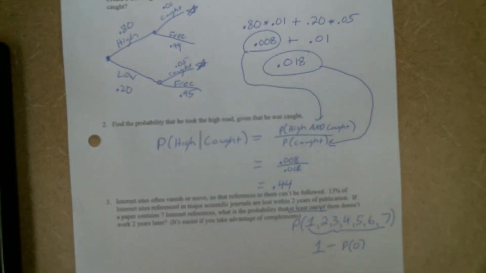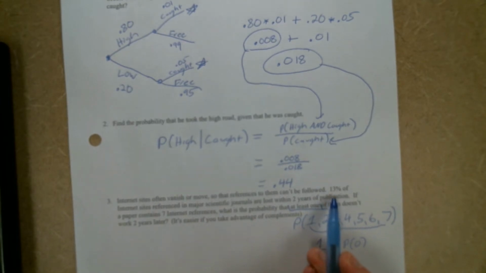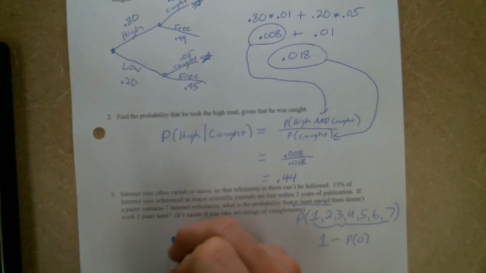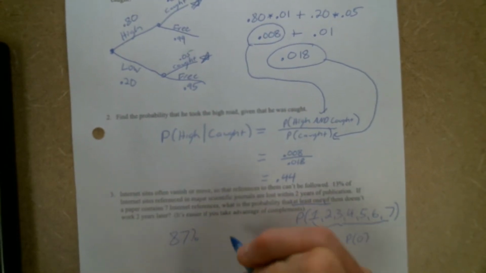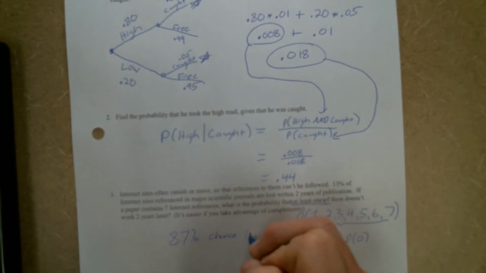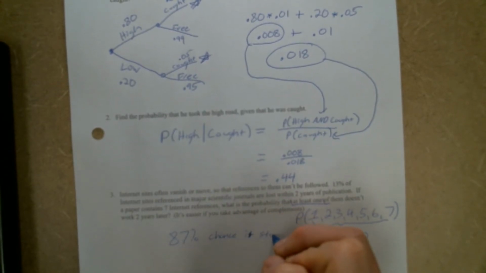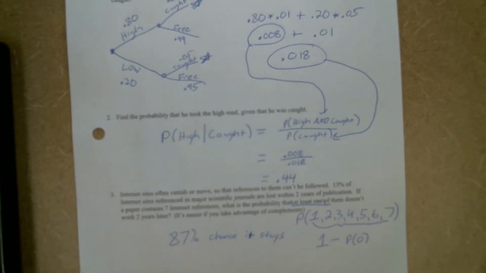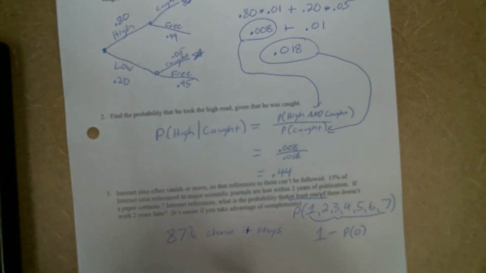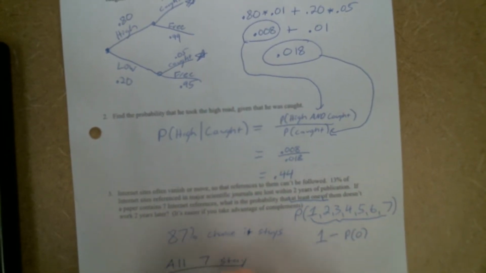So if a site has a 13% chance of disappearing, there's an 87% chance it stays. And if we want to know the chance that all 7 stay, the odds that all 7 stay is 0.87 to the 7th power.